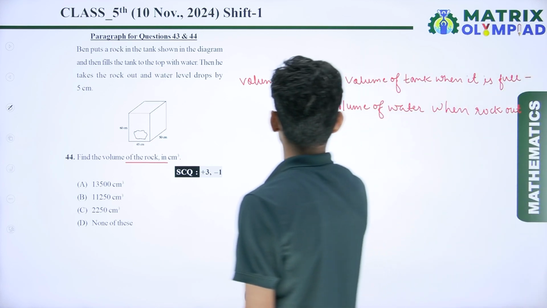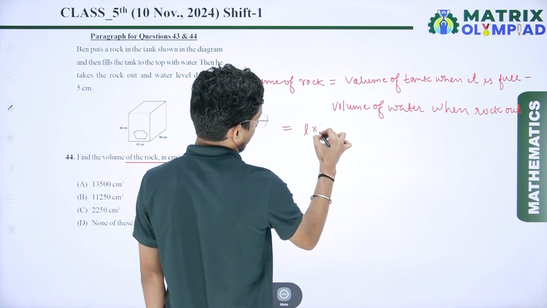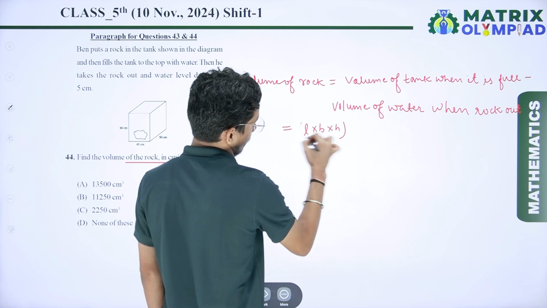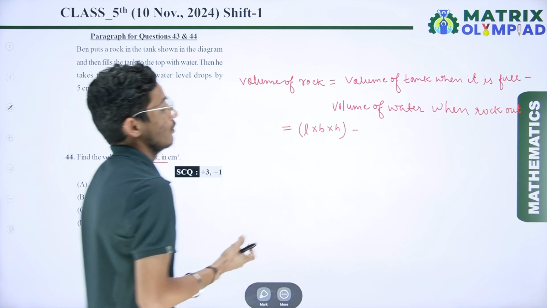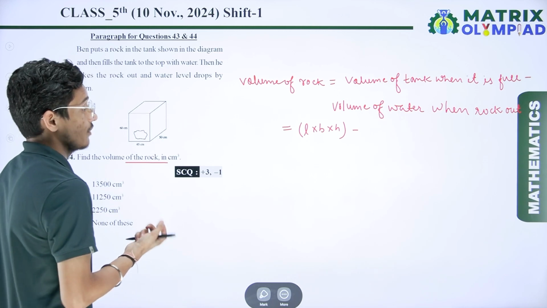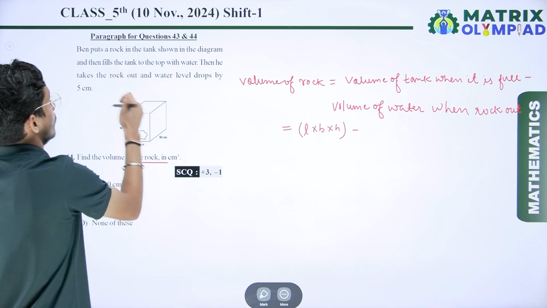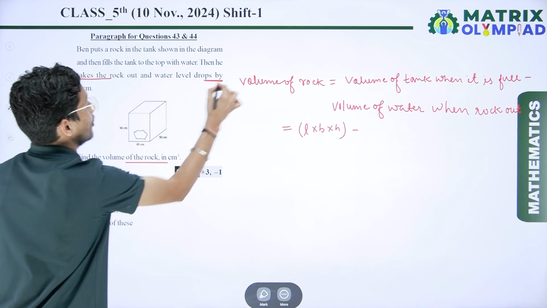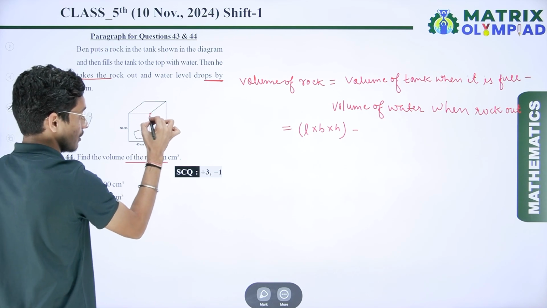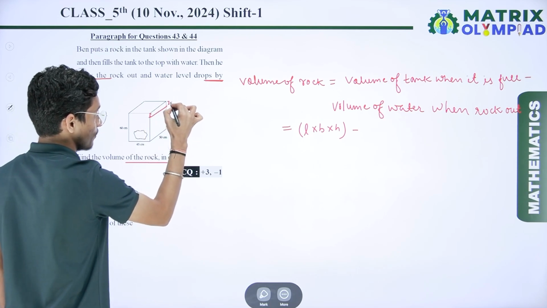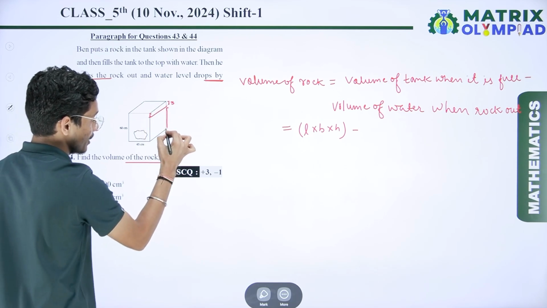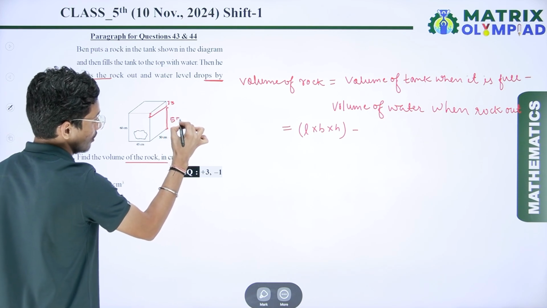We know the volume of tank is length multiplied by breadth multiplied by height, and we know the volume of water when the rock is taken out. Here it is given that the level dropped 5 centimeters, so the remaining height of water is 55.